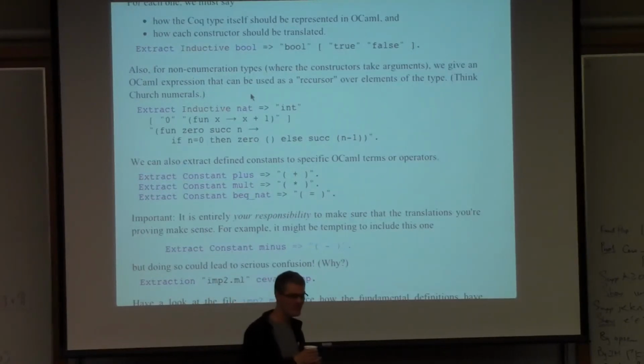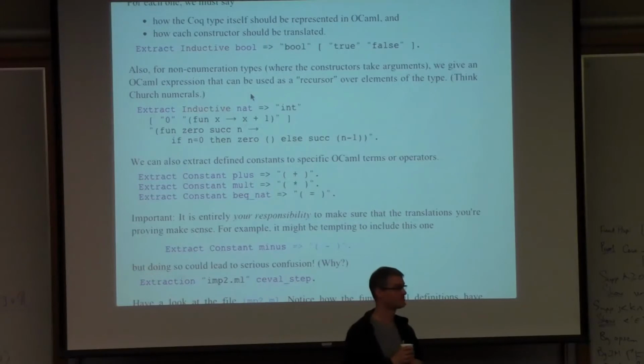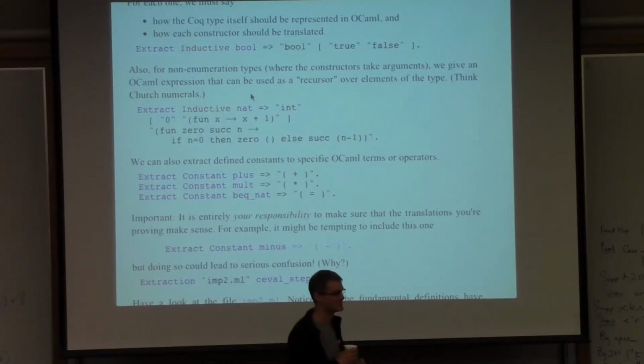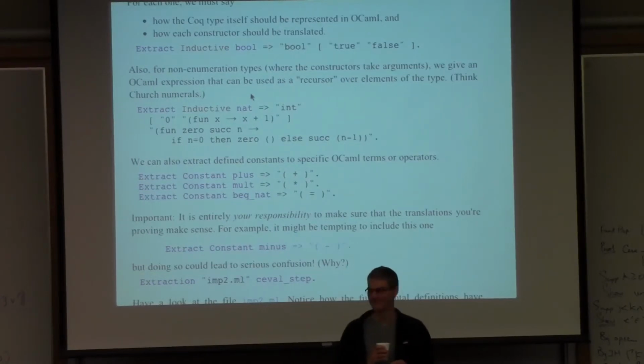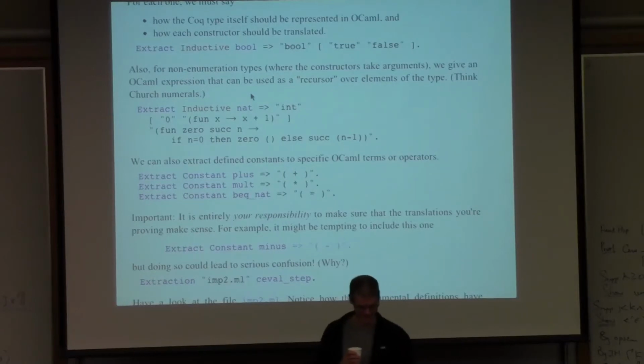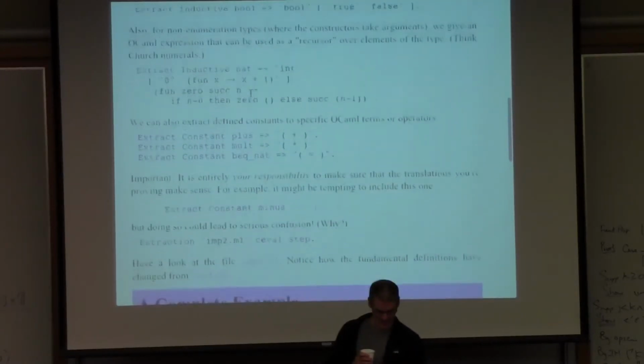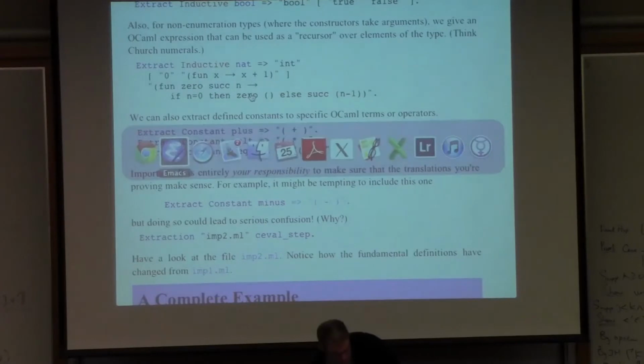If you change the order of the constructors, for example, and then you forget to change this, it will just continue without complaining, as far as I know. Very true. Especially in the case of Booleans, you could extract true to false and false to true, and who knows what's happening. Buyer beware.